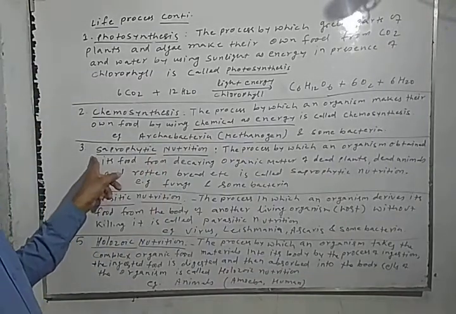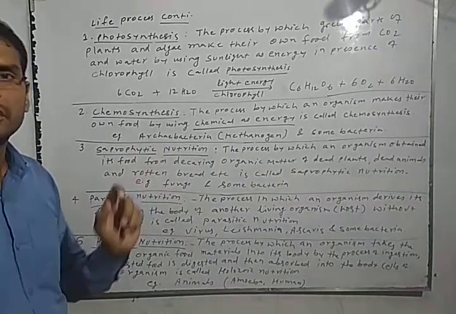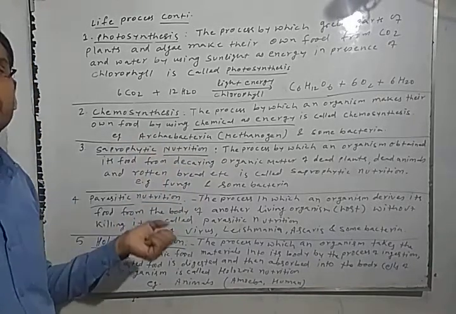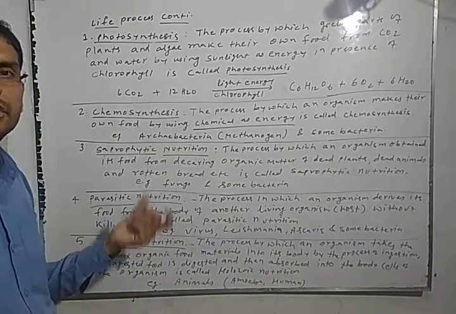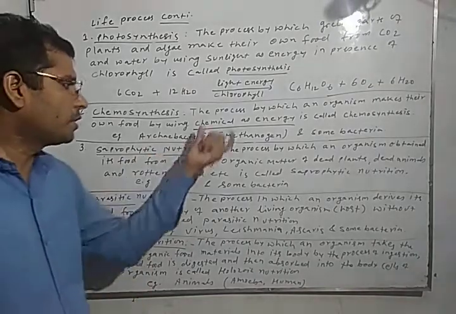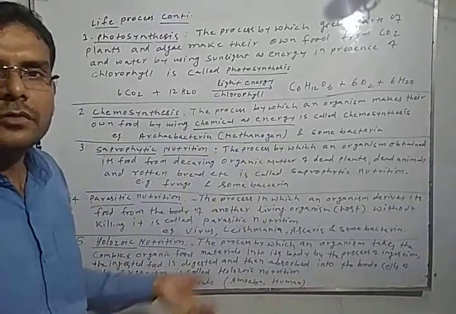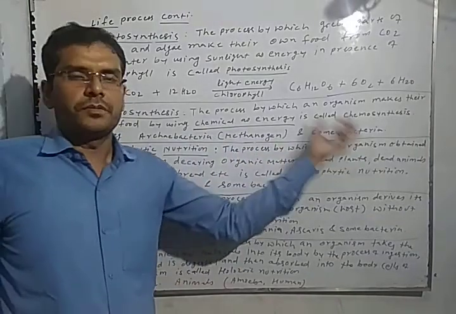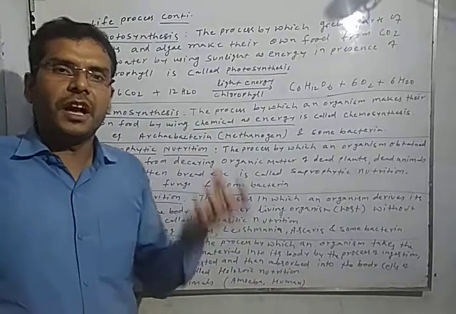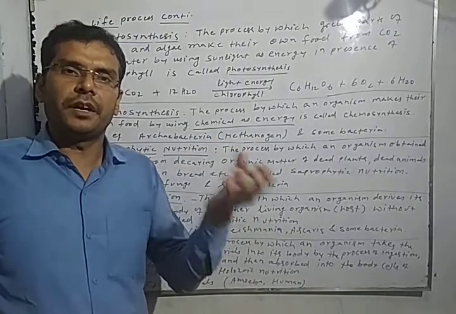Next type of nutrition, saprophytic nutrition. We all know about this type of nutrition since 5 and 6 classes. In saprophytic nutrition, organisms obtain their food from dead and decaying organic matter.